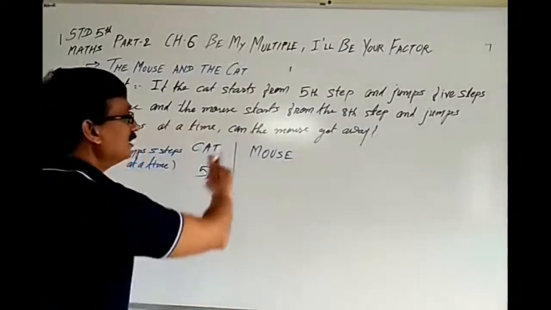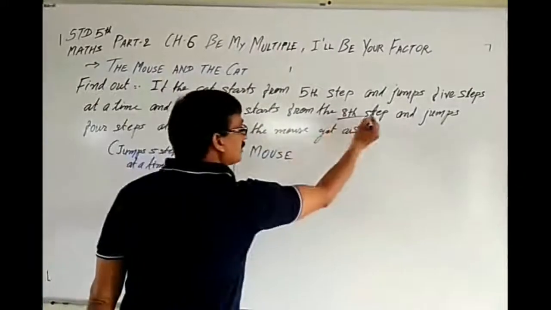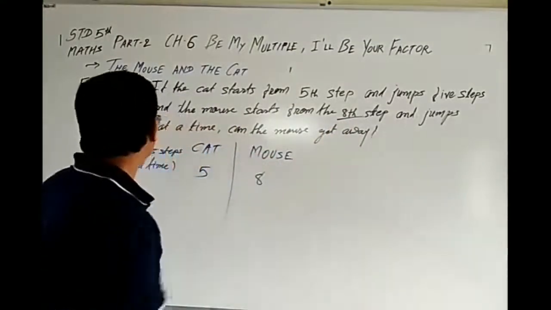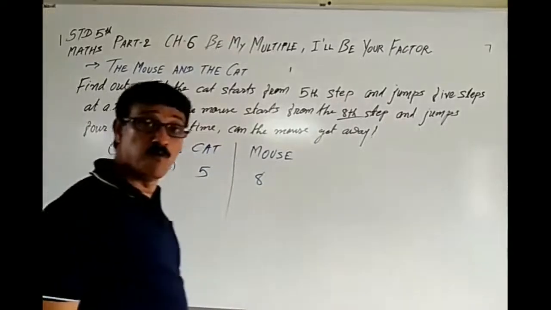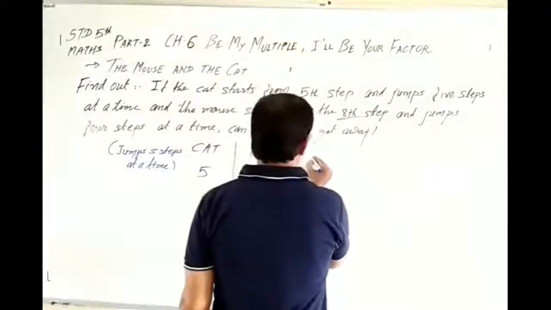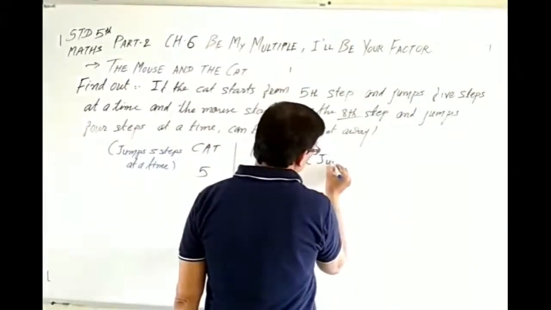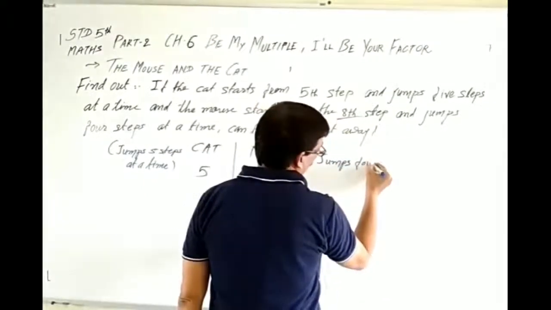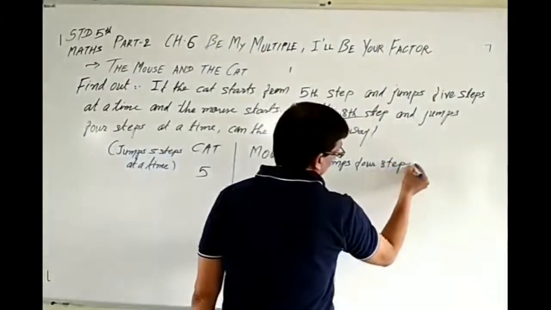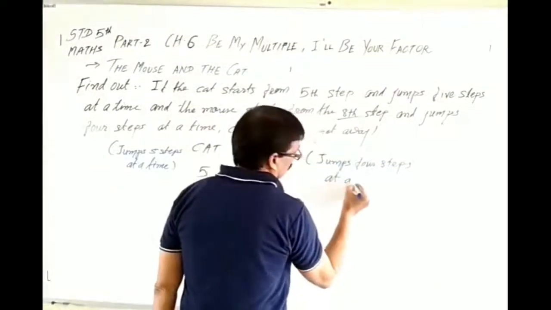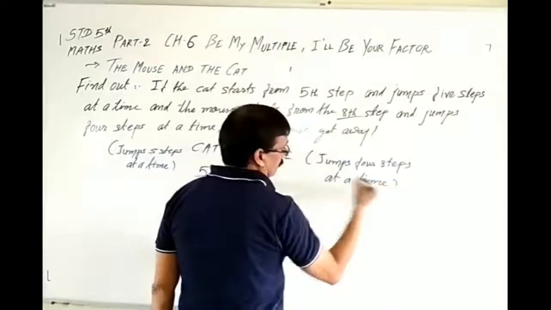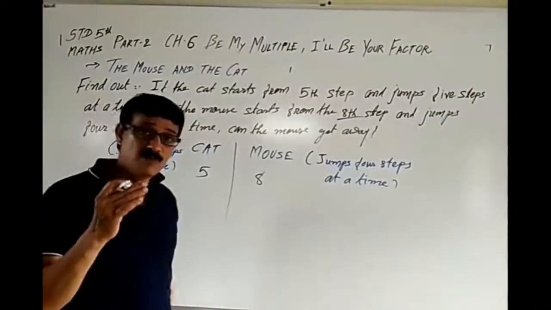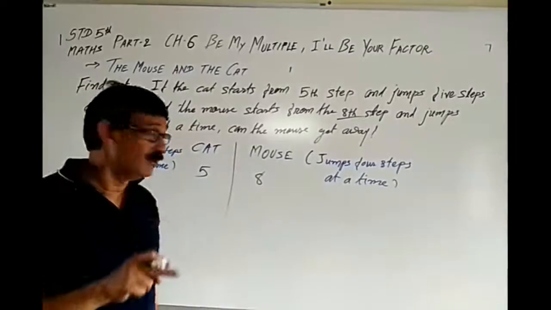The mouse is on the 8th step, so I should write 8 over here, and it jumps 4 steps at a time. So here I should write jumps 4 steps.